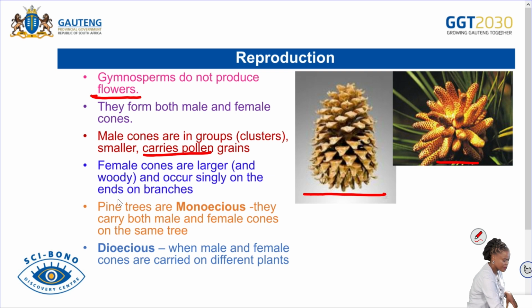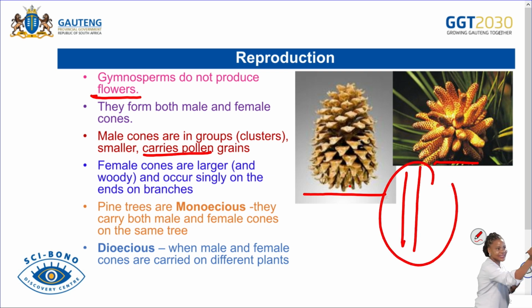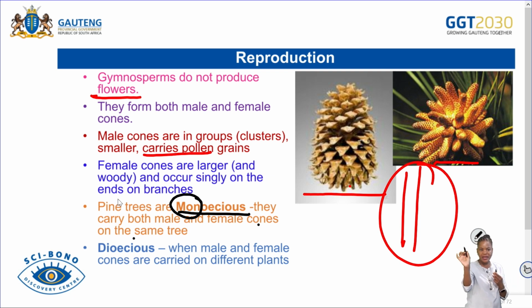So what is happening with the cones is that both male cone and female cone, both the cones are developing in one tree. So if they are developing in one tree, we are saying that the pine trees are monoecious. Mono means one. In other words, in one plant we get two cones. We get the male cone as well as the female cone.